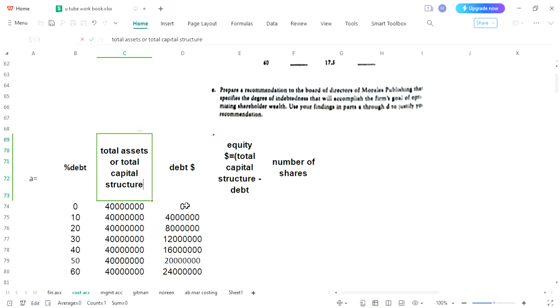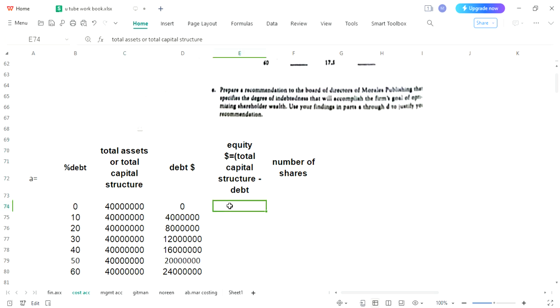If within this 40 million capital structure there is no debt, it means the whole capital would be financed through equity. Equity financing, we have understood, is the amount which is arranged from internal resources. So out of this 40 million, nothing was taken as debt, so the complete 40 million would be considered as equity.